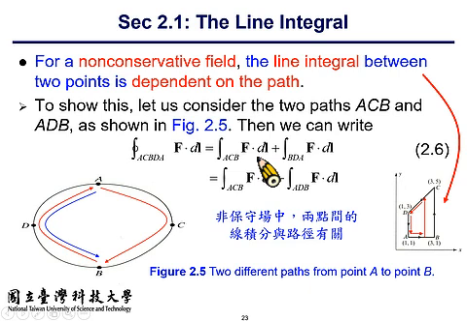On the other hand, for non-conservative fields such as time-varying electromagnetic field, the line integral between the 2 points is associated to the path between the 2 points. Okay, so if you go in a different path, you will experience different change in terms of work or force.